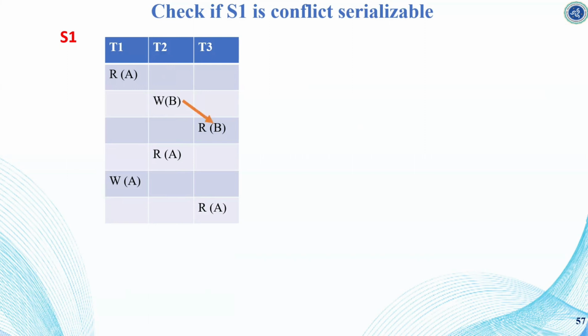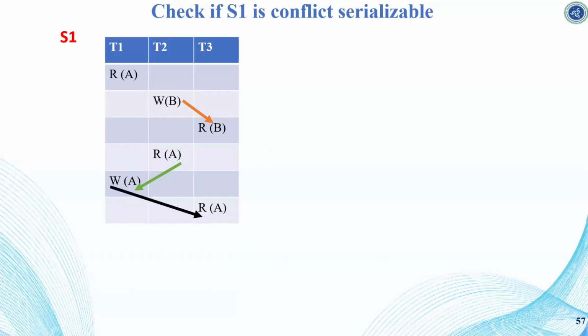Again, this is not a conflict. Next, this one and this one: this is a read of A and this is a write of A, so there is a read-write conflict. Next, this is a write of A and this is a read of A, so again that is a conflict.